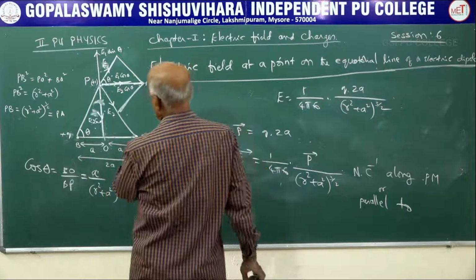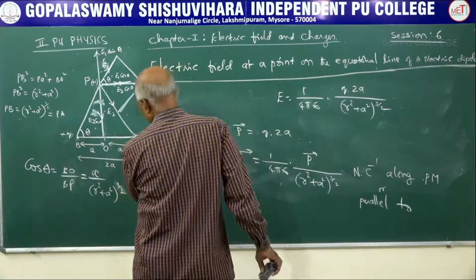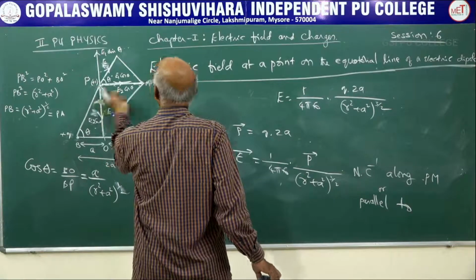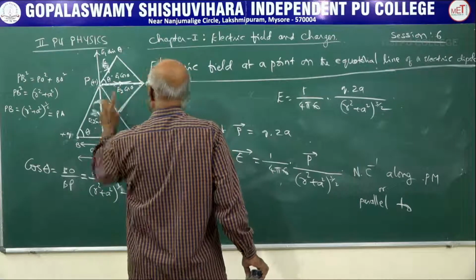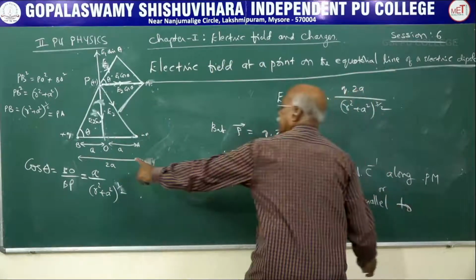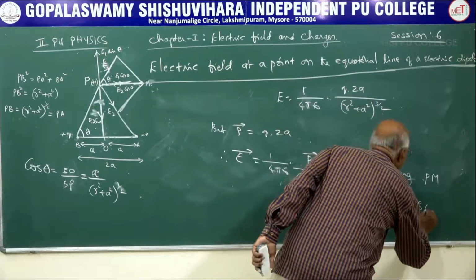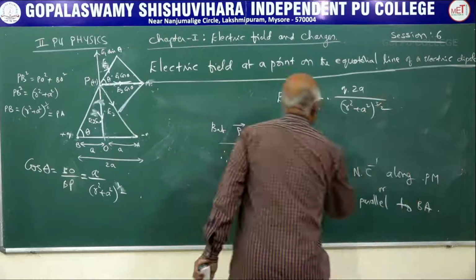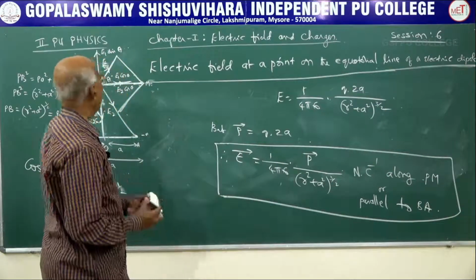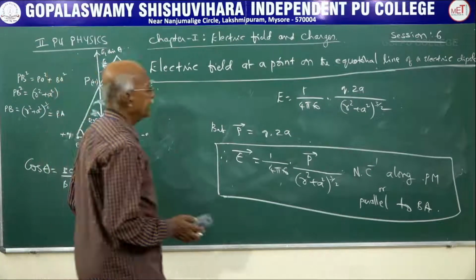Now look, the electric field would be from minus Q to plus Q, but it is from P to M. So the directions here are quite opposite. It is only parallel to BA. So this is the equation for electric intensity or electric field at a point on the equatorial line of an electric dipole.